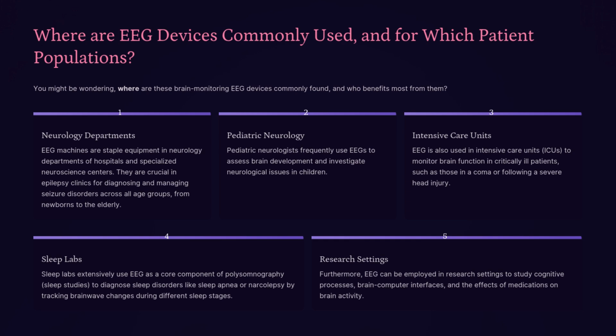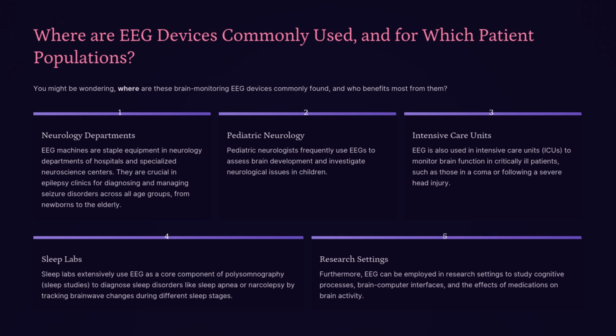Pediatric neurologists frequently use EEGs to assess brain development and investigate neurological issues in children. EEG is also used in intensive care units, ICUs, to monitor brain function in critically ill patients, such as those in a coma or following a severe head injury.